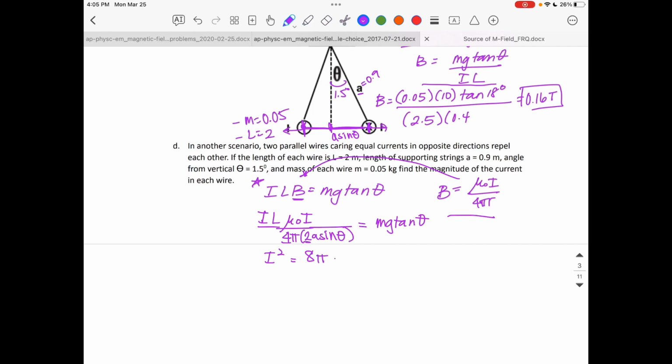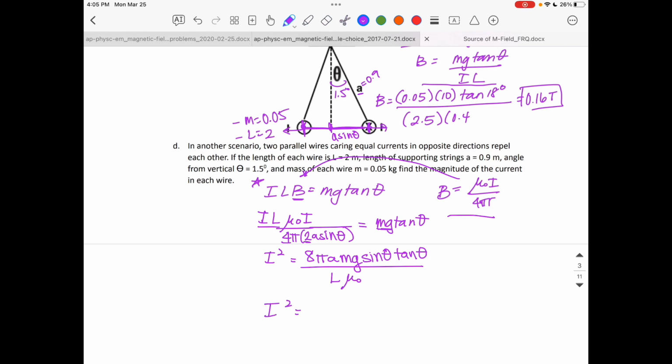I've got A and mg, and I've got 2 trig functions, sine theta, tan theta. In the denominator, I'm going to divide my length and my mu naught, and then I'm going to take the square root. So what I want to point out is, as you're plugging in your values, you can simplify things. I'm going to go ahead and plug in values and not simplify it to save time.